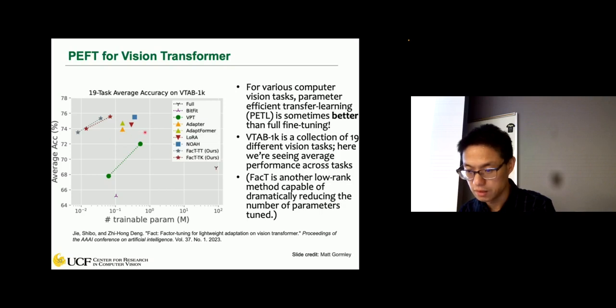That means with this powerful, efficient fine-tuning strategy, we are not only gaining performance, but we also enjoy a very lightweight fine-tuning cost. We can also look at their proposed FACT, which also has a very high tuning accuracy, outperforming full fine-tuning and even outperforming LoRA right here, as we compare to this grayscale star.